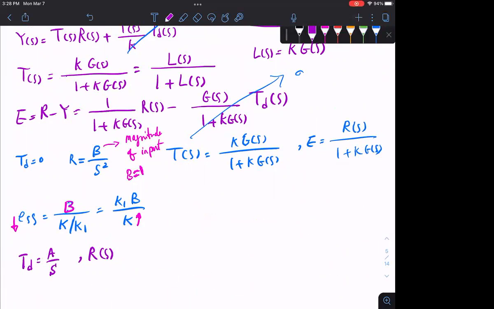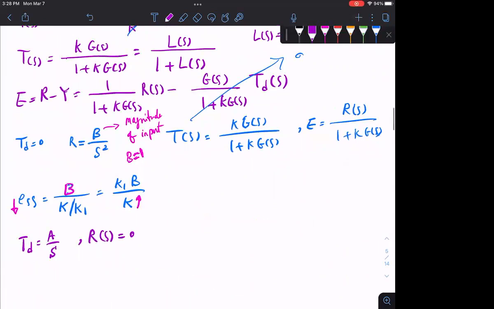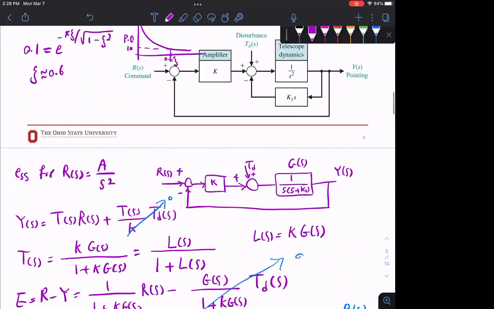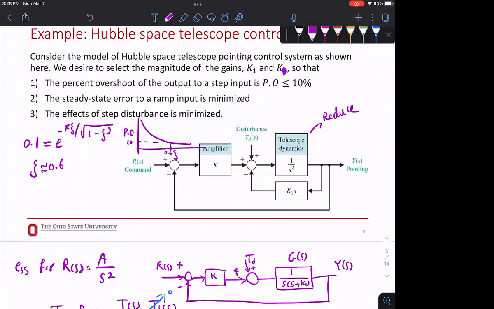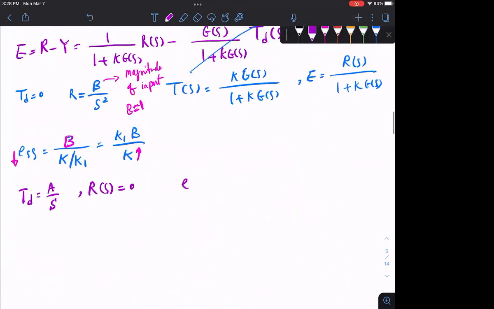We will say that, let's say RS is 0, and then let's see what's the effect with the disturbance, right? And then we will find the relationship for this. So we want the effect of the step disturbance to be minimized. So we want a steady state there to also be 0 or minimized. Right? Makes sense?